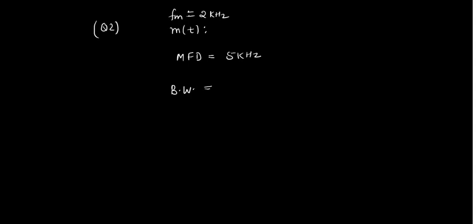If you remember, the bandwidth is 2 times (beta plus 1) Fm, and beta is max frequency deviation divided by Fm.